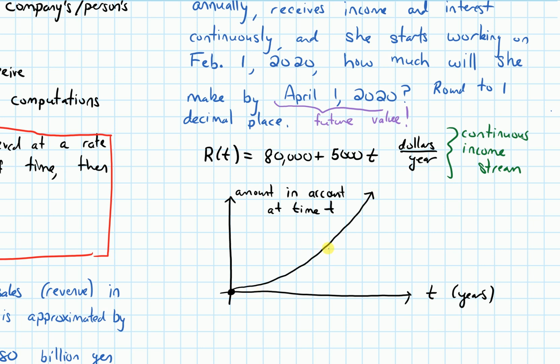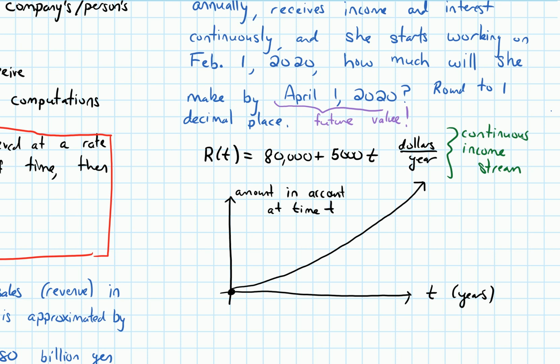I'm not just drawing a straight line, I'm curving this upwards, although it won't make much of a difference in terms of my computation. I'm drawing it a little bit curved because even though r of t is a linear function, she's going to earn interest. So over time, she'll earn more and more because she's earning interest.